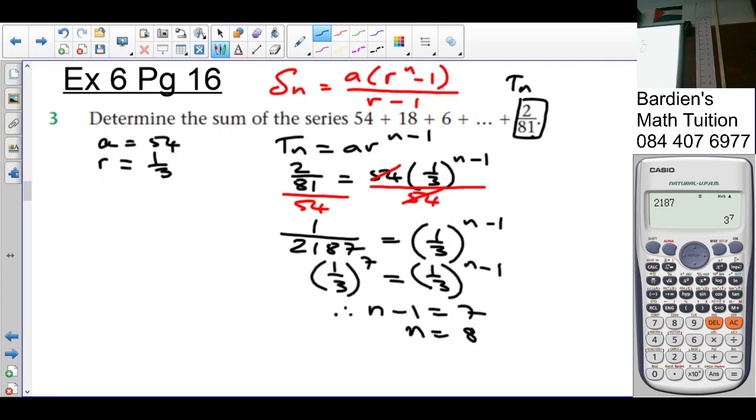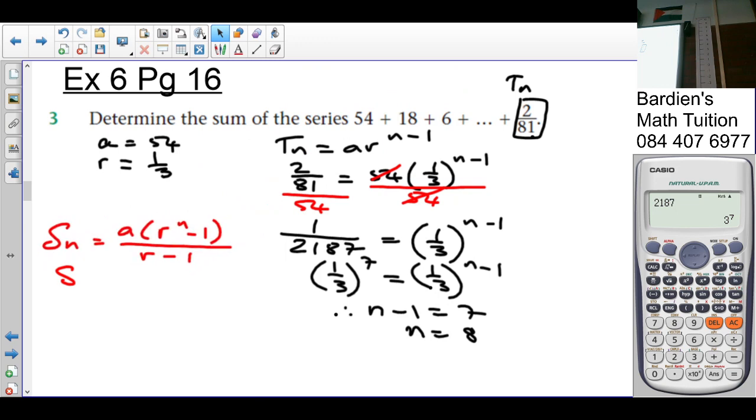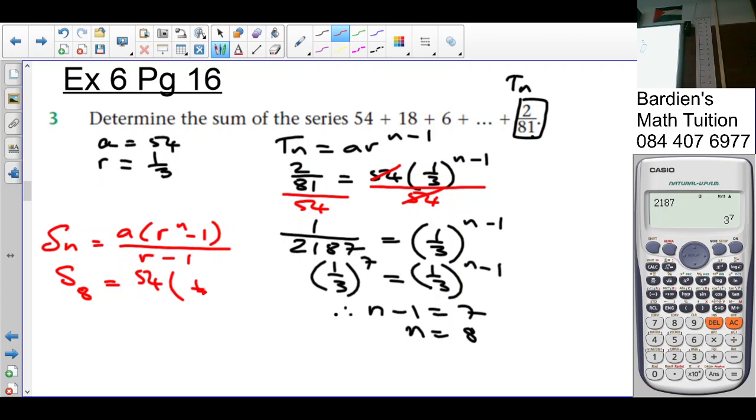But have I answered the question? No. The question was for the sum of the series. So we're going to use Sn is equal to, S8 would now be equal to 54 into a third raised to the 8 minus 1 over a third minus 1.